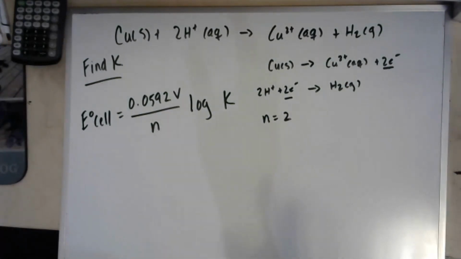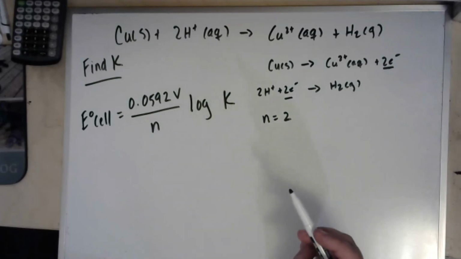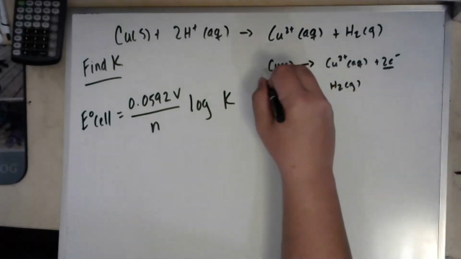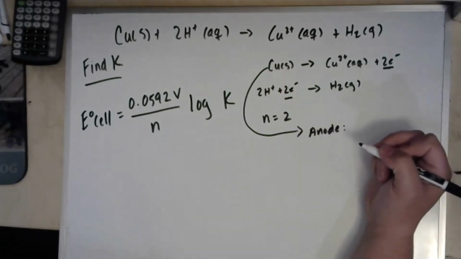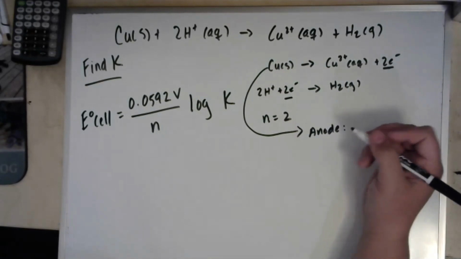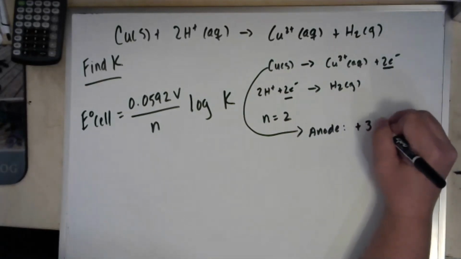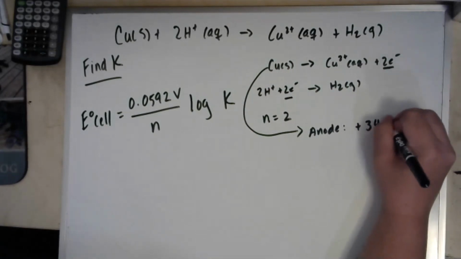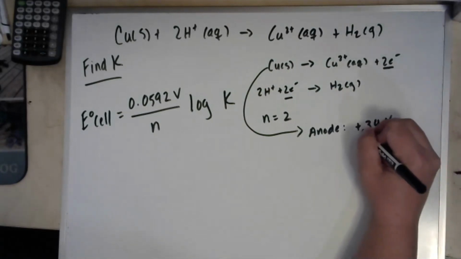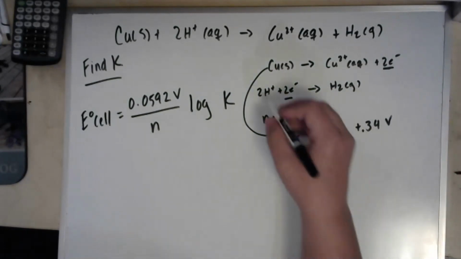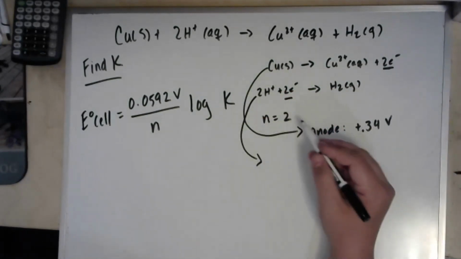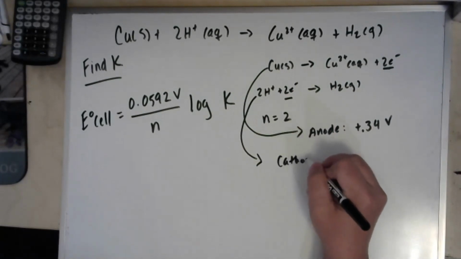Okay, now we're going to look up the reduction potential tables. We see that our copper is being oxidized, so it's going to be the anode. Okay, and the reduction potential value for the copper is positive 0.34 volts, sorry. And the reduction is happening with the hydrogen, so that's going to be at the cathode.